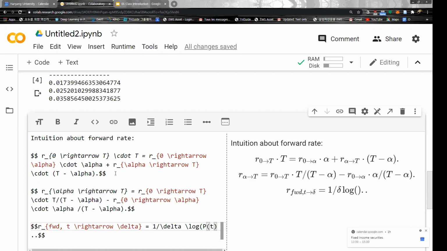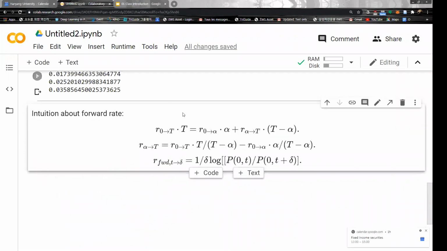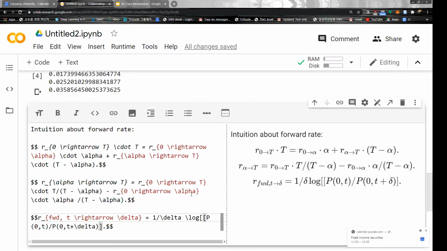P(0,T) divided by P(0,T+delta). Sorry, I have two brackets. Delete one bracket, and to make it pretty, let's put dot over here, comma dot over here.